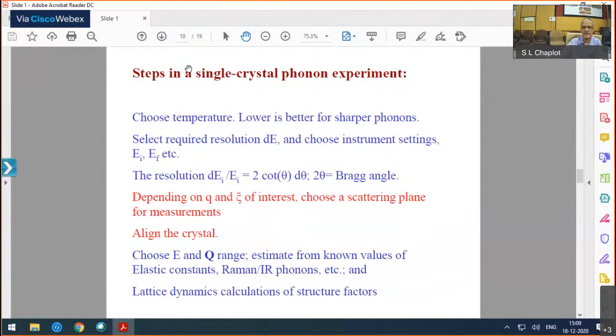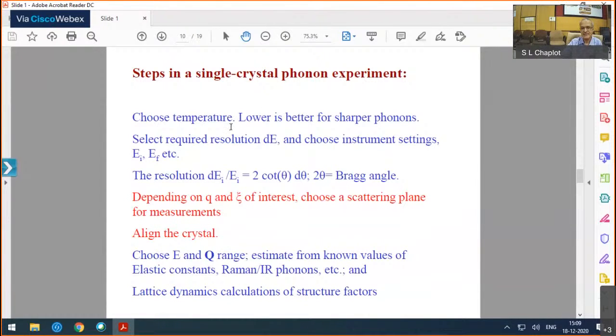Therefore, if you have a large number of phonons at nearby frequencies, it would be easier to identify and separate them. Otherwise, the neighboring phonon peaks might overlap and it might be difficult to get proper frequencies. So generally, the lower the temperature, the better for the measurement of phonon dispersion curves. And quite often, one typically uses liquid nitrogen temperature.